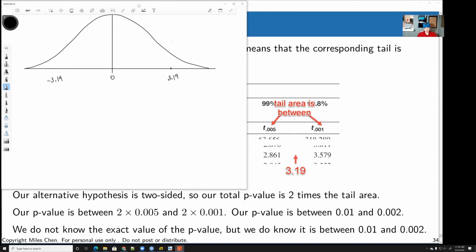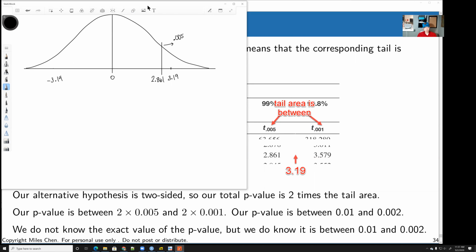The idea with this table is that, and this is very exaggerated, if I draw a line at say 2.861 and I shade everything to the right, the total area to the right is going to be equal to 0.005. That's what t.005 is.